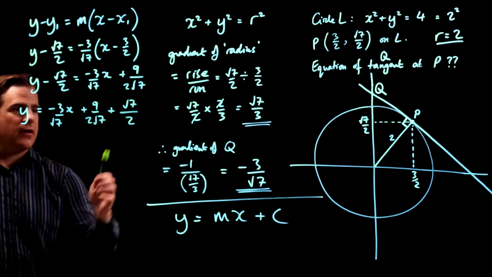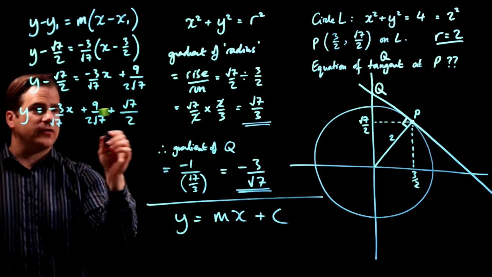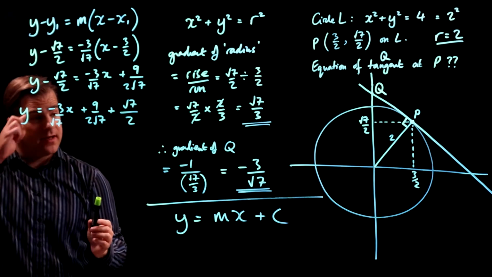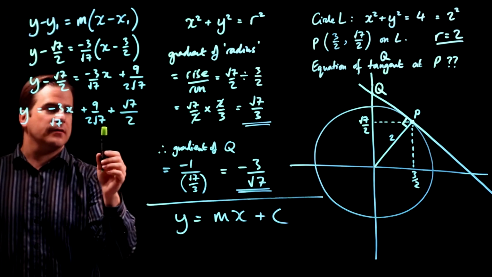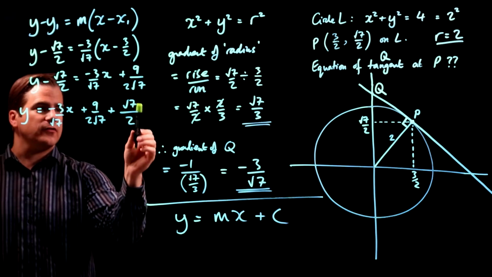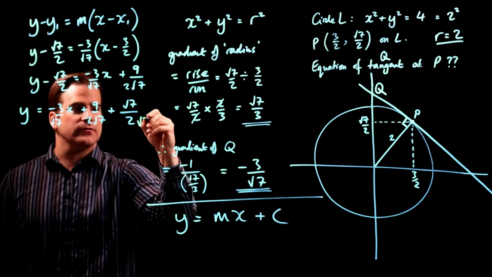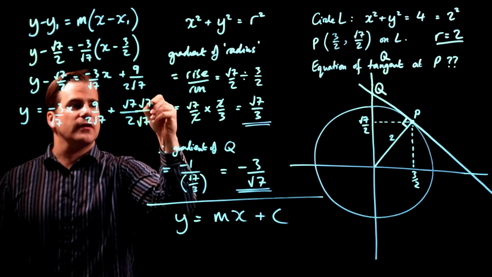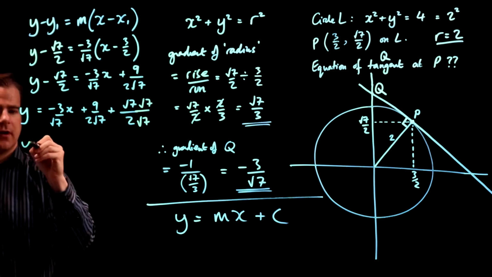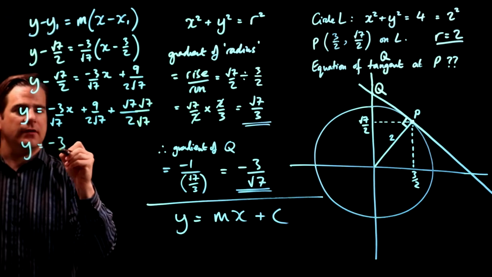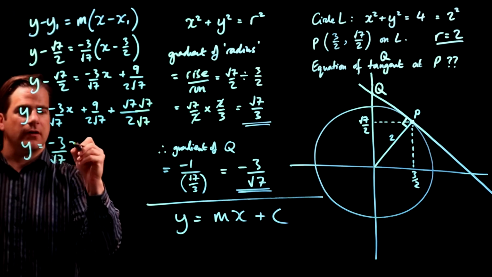Right, these are two numbers, so we've got to add those together, which means we need the same denominator. So let's multiply top and bottom of the second by root 7. Okay, so we get y equals minus 3 over root 7 x.